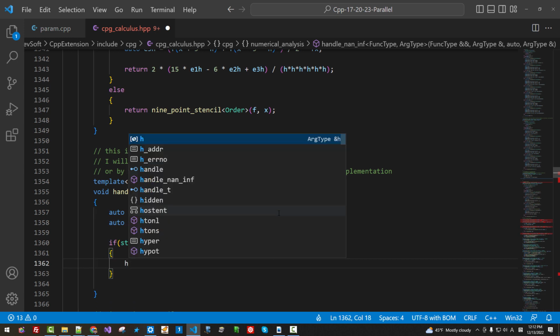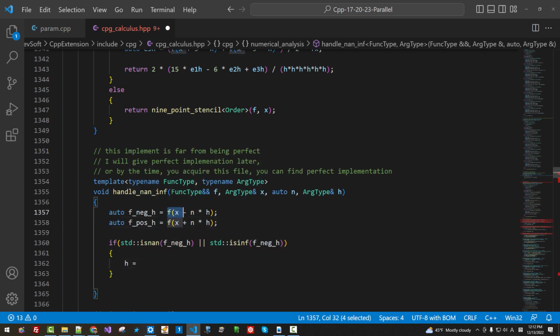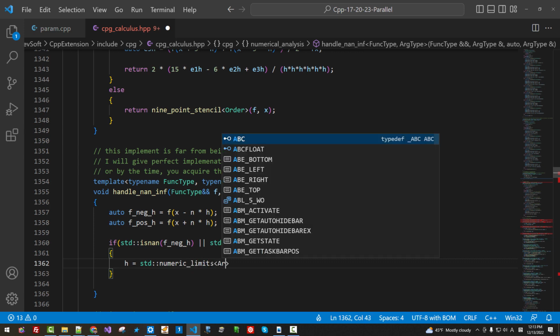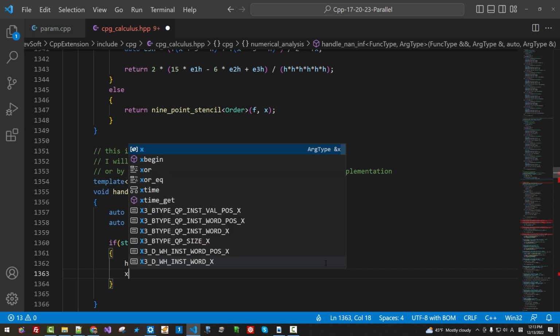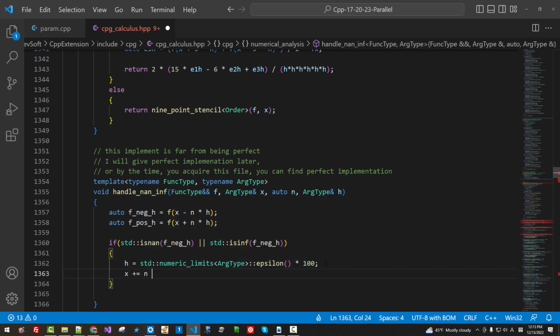If this function returns not a number or infinity, then we redefine h by passing numeric limits of arg type epsilon, such as a very small number times 100. Because epsilon itself is a very small number, this is still a very small number. Then we shift n times h.